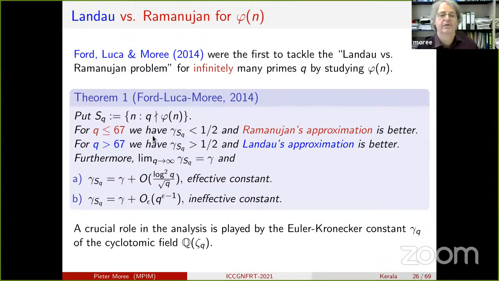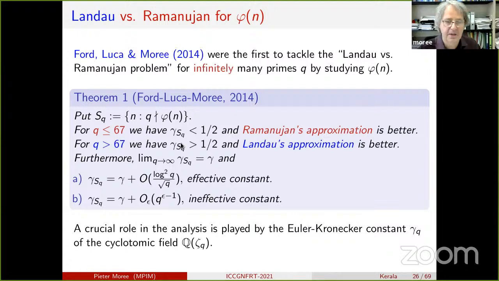And so together with Kevin Ford and Florian Luca, we wondered about counting the number of integers n such that some fixed prime q does not divide phi of n. This was partly inspired by work of Kenneth Williams and Spearman, who wrote something about that we could improve.